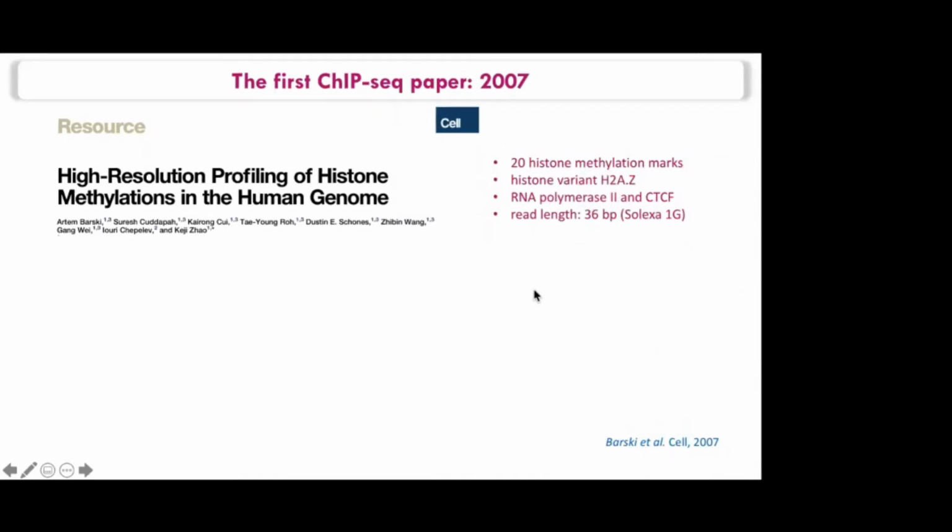This was the time when next generation sequencing was being developed. 36 base pair was the read length, and the typical output for this machine was 1 GB. We have made a lot of progress in sequencing technology as well. Nowadays with NovaSeq, we can get up to 3,000 times more output than this first generation Solexa technology.